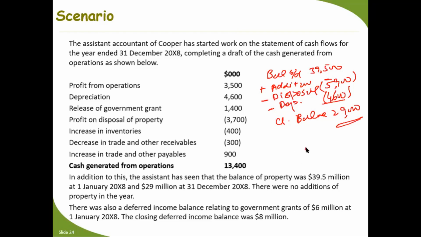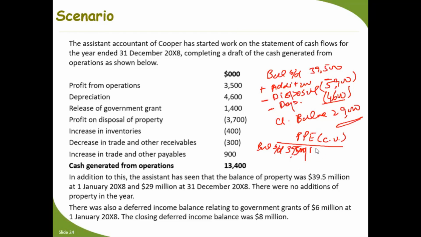Or we can also use the T account of PPE carrying value, because it is an asset, opening balance on the debit side. Balance brought down 39,500. No addition, no revaluation, nothing on the debit side.